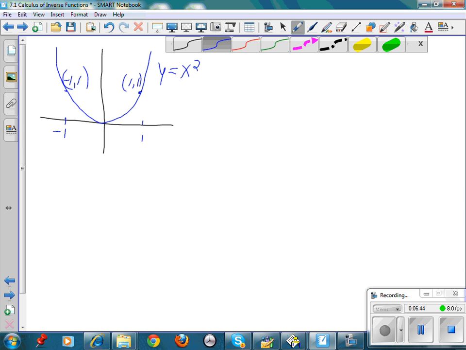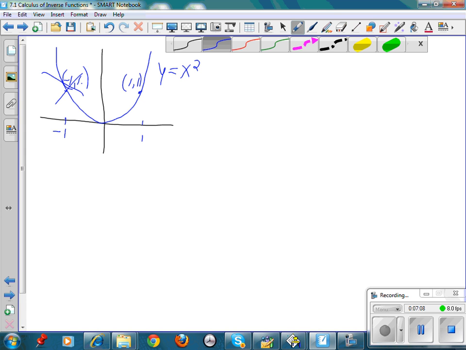So to do an inverse of that, if you put 1 into the inverse function, you wouldn't know which one to give out, -1 or 1. So in order for a function f of x to have an inverse function, it must be 1-to-1.